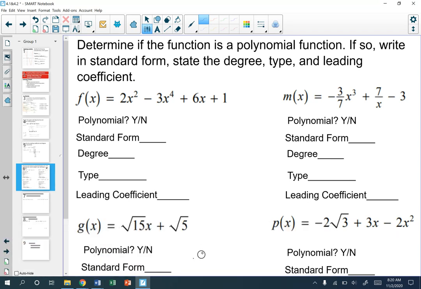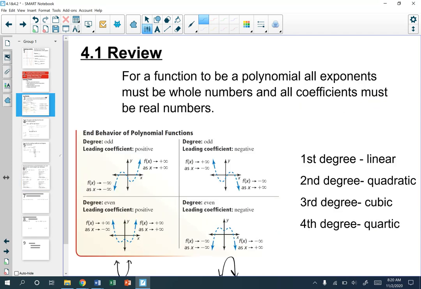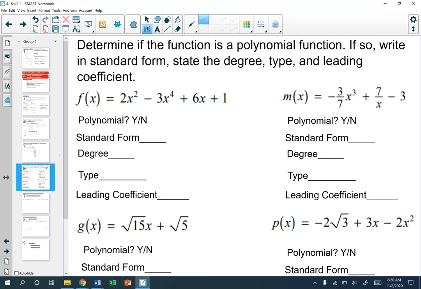Okay, so let's take a look at this first one. We have a positive leading coefficient. First of all, is this a polynomial? Are all of my exponents whole numbers? And what else did it say? All exponents must be whole numbers and coefficients must be real numbers. All my coefficients are real numbers and all of my exponents are whole numbers.